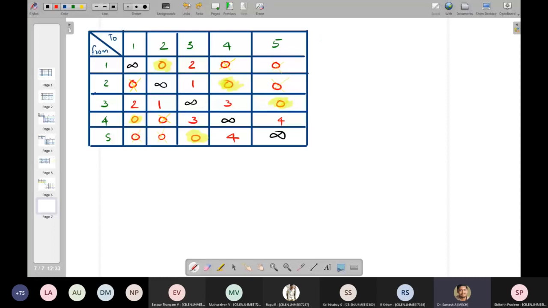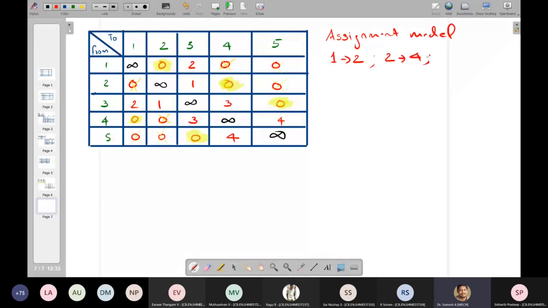So assignment model is 1 to 2, then 2 to 4, then 3 to 5, then 4 to 1, and then 5 to 3.